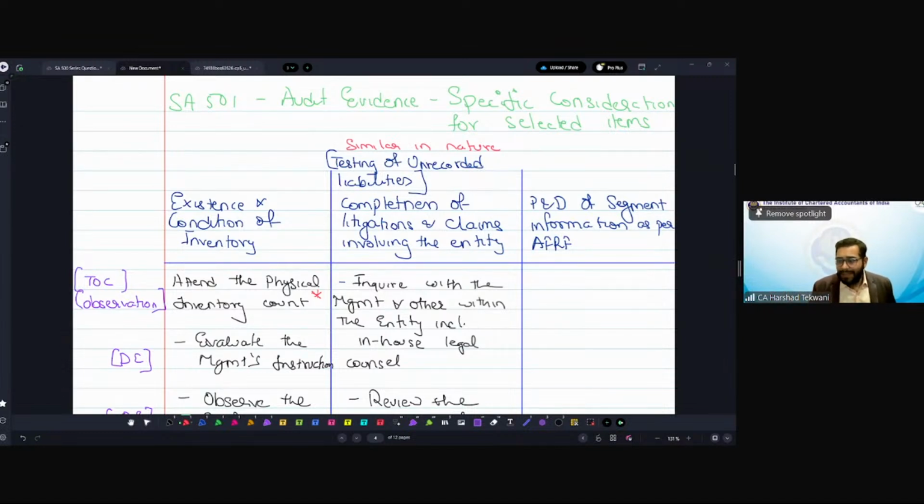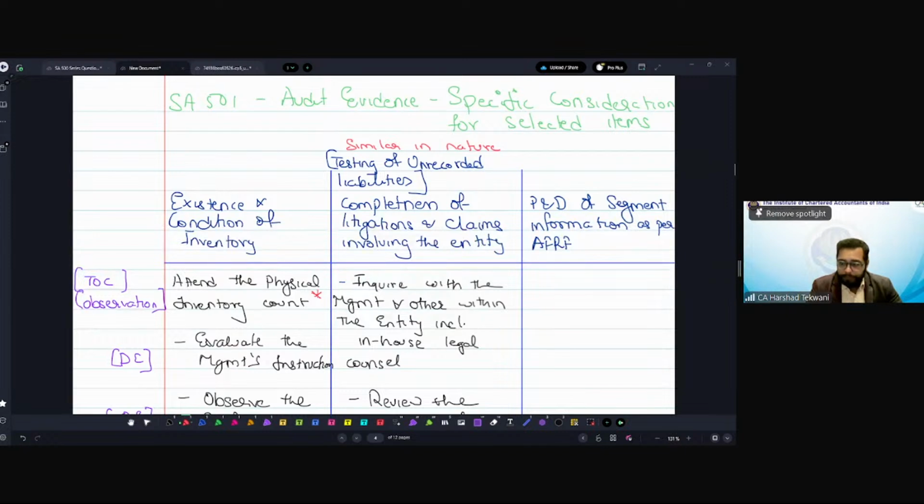The next part is the segment information. Now, what will you do to test the presentation and disclosure of the segment? This is pretty easy, the shortest of all. The methods and procedures for the bifurcation of segment information are given by the applicable financial reporting framework.